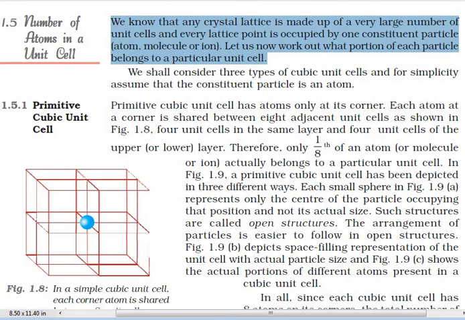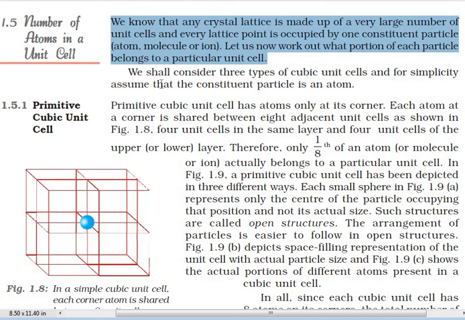We have classified them in mainly two categories. One is primitive unit cell, the other is centered unit cell or centered cubic unit cell. Centered unit cell is further subdivided into three categories, that is BCC, body centered, second FCC, face centered, and third, that is end centered and abbreviated as ECC.